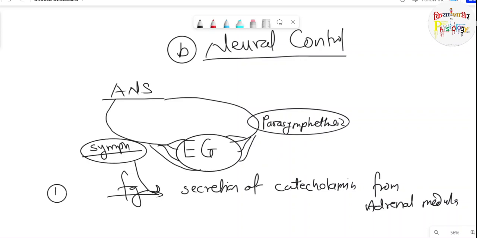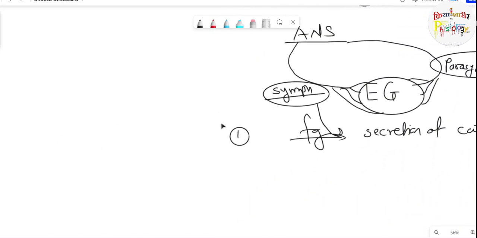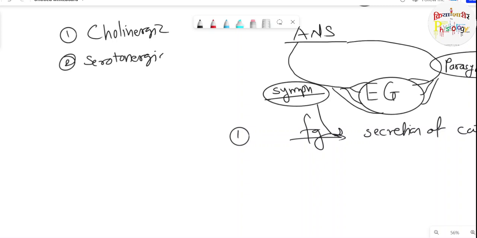Endocrine glands could be divided into three types according to neural control: either cholinergic, serotonergic, or dopaminergic.